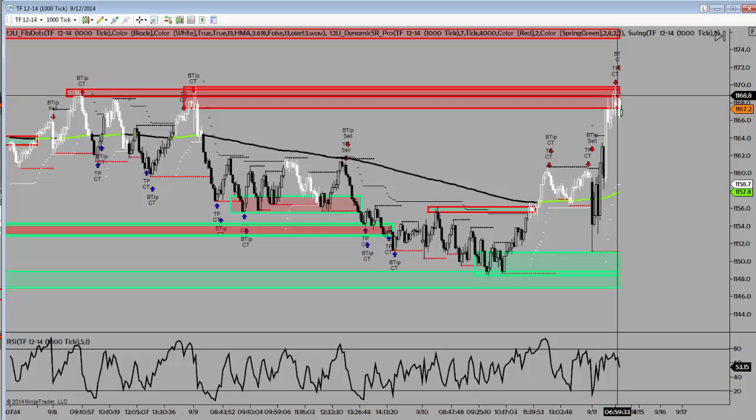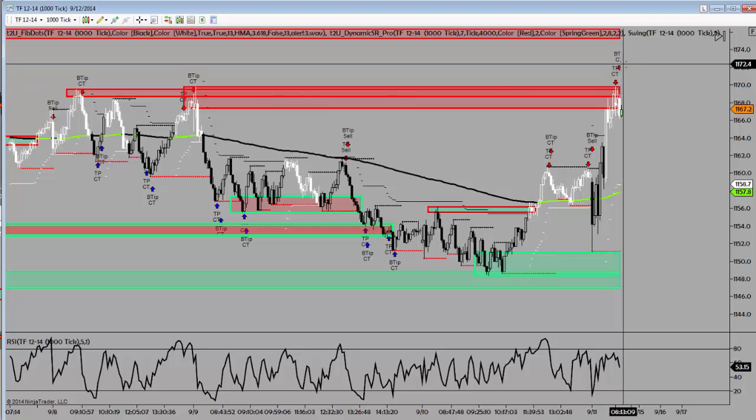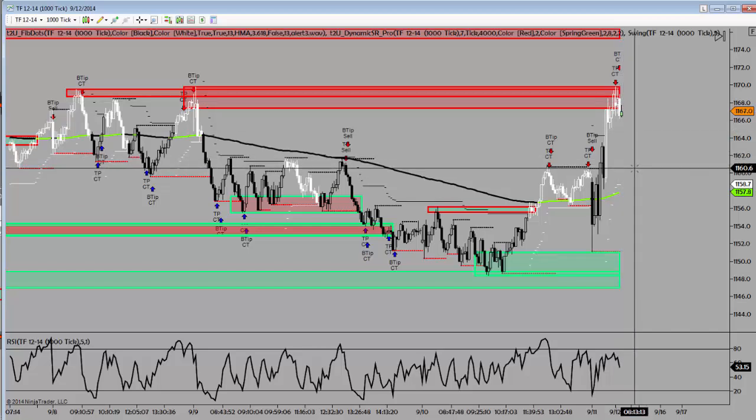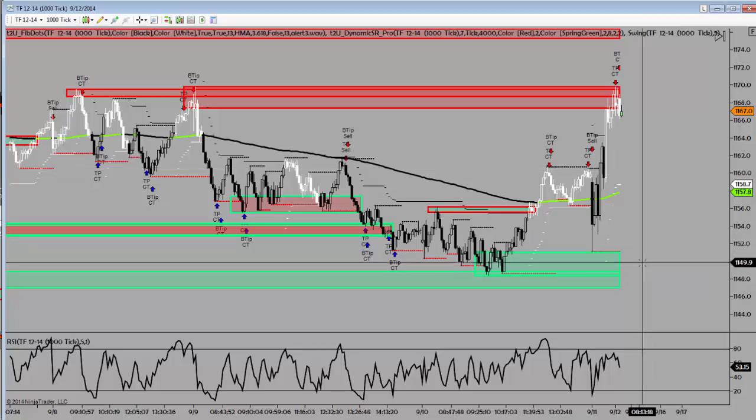But let's just say we're selling 69, stops at 72, we're risking 300. My first expected target would be back to 61. So that's 8 points of opportunity. My secondary target would be down to 50, which produces 18, 19 points of opportunity. Okay, so again, it's a beautiful risk-reward ratio.